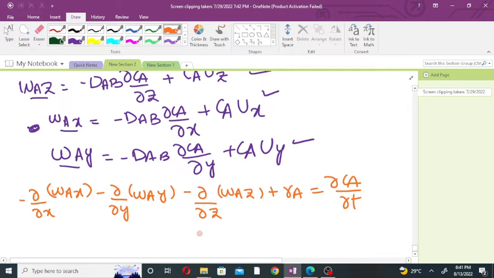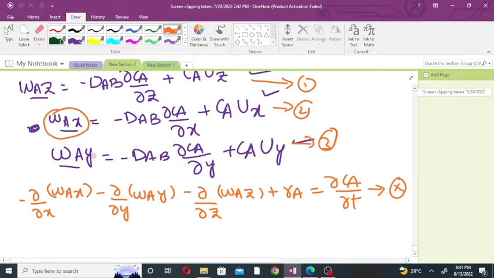Suppose this is equation number x, and these are equation numbers 1, 2 and 3.